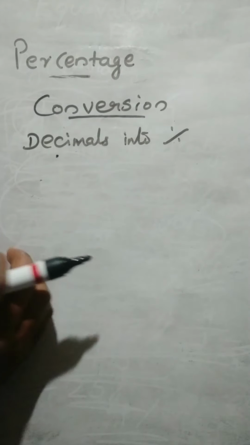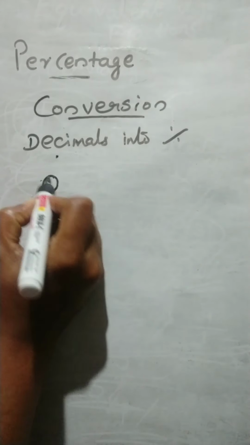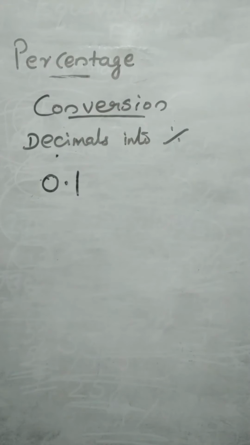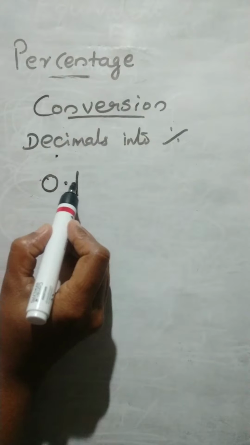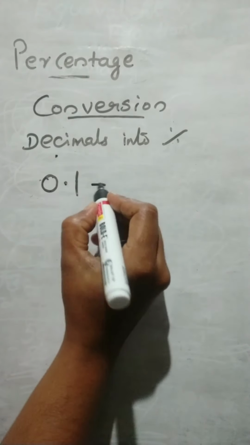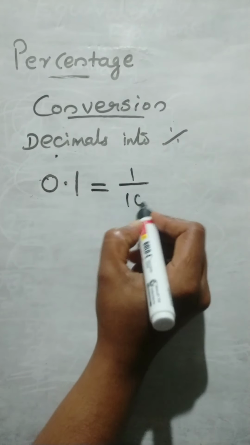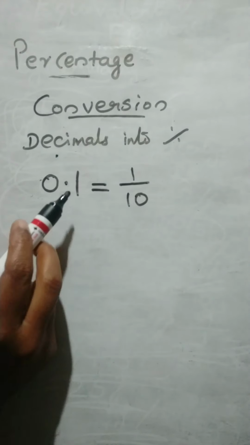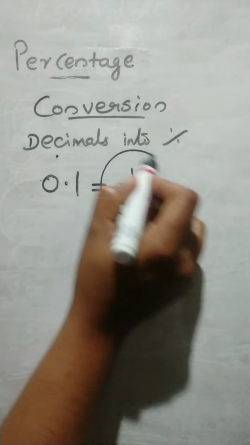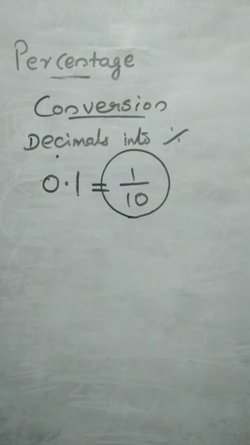Next question. 0.1 decimal number. First, what is the step? We have to convert this into fraction. How many digits are there after decimal point? Only 1 digit. So we can write 1 on 10. So equivalent fraction is 1 on 10. This 1 on 10 we have to convert into percentage.